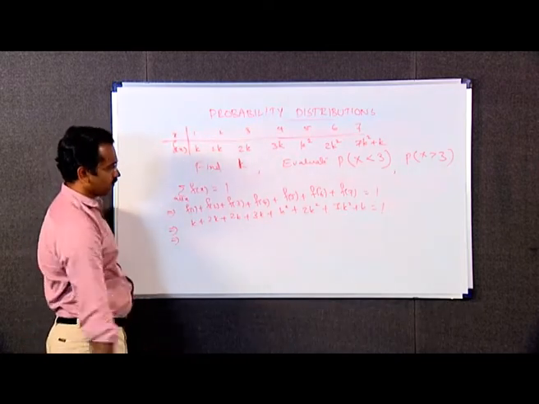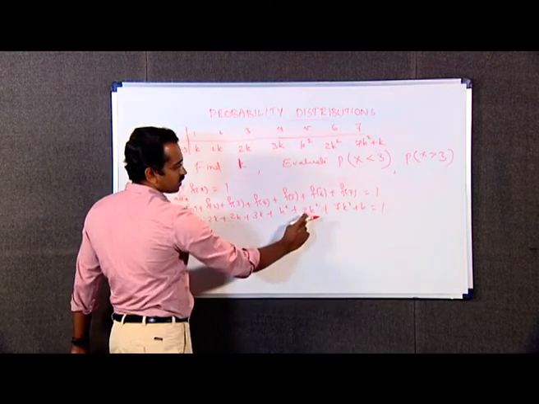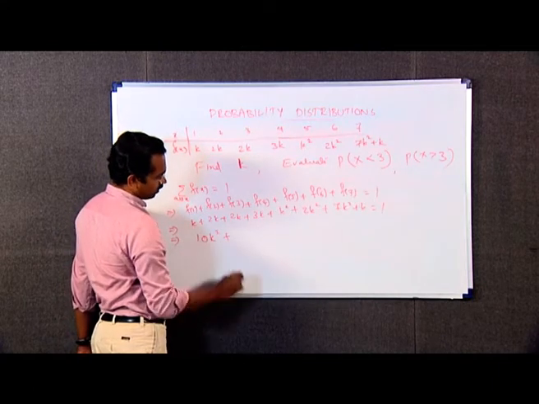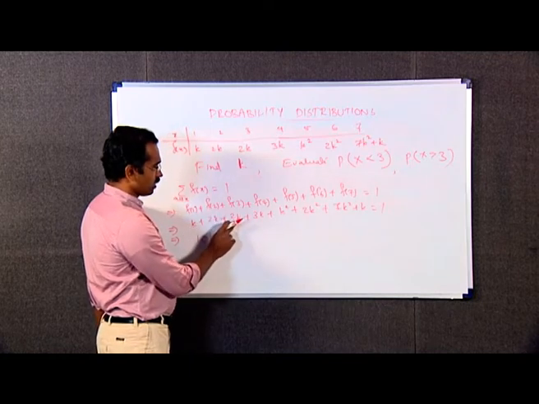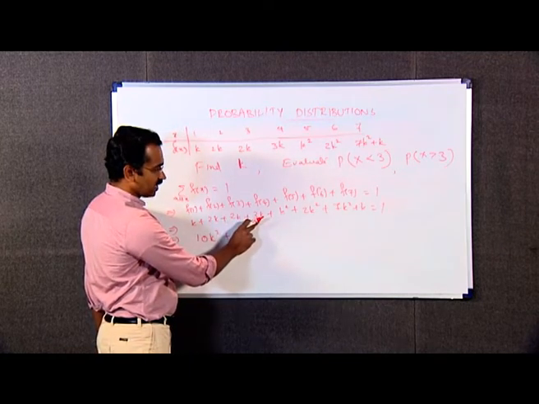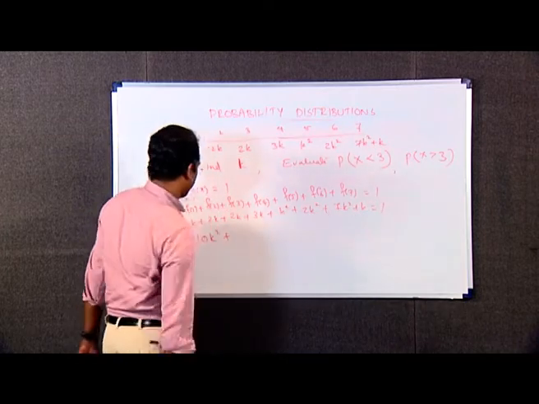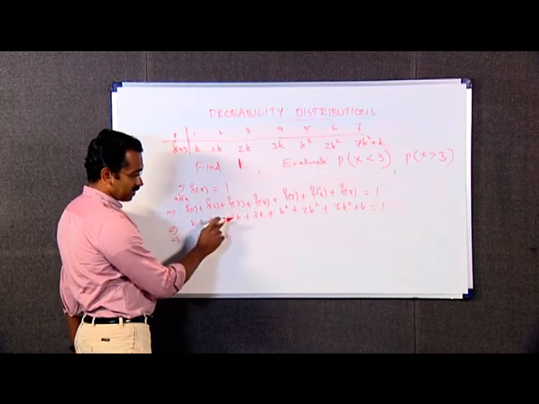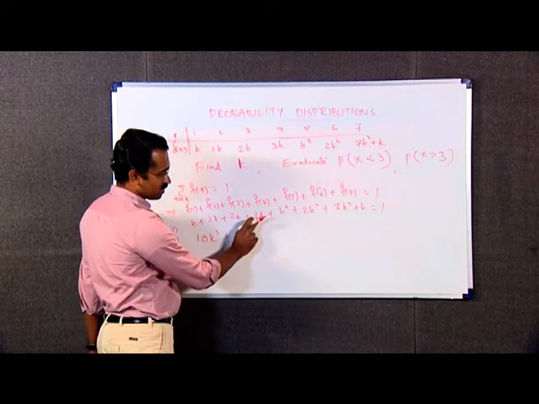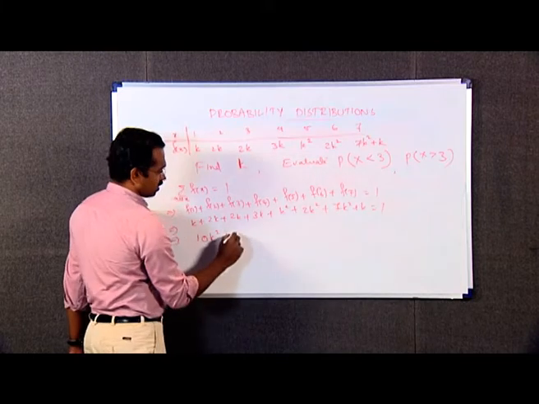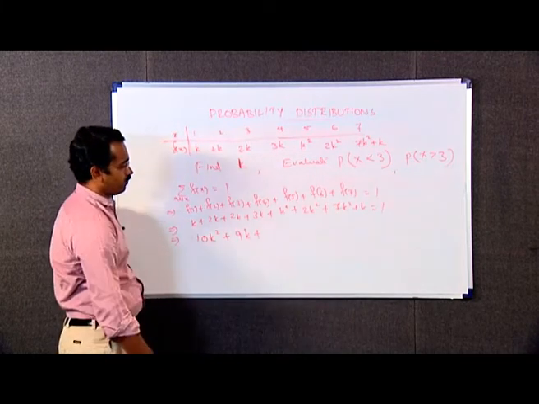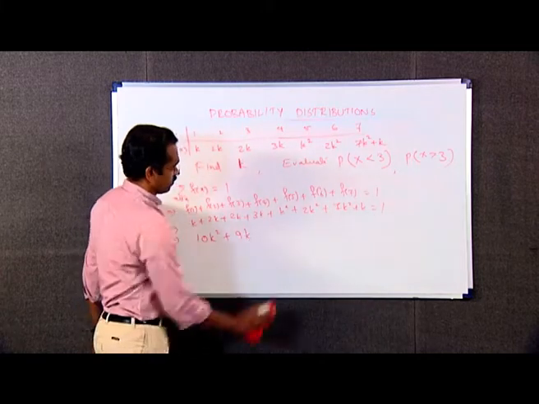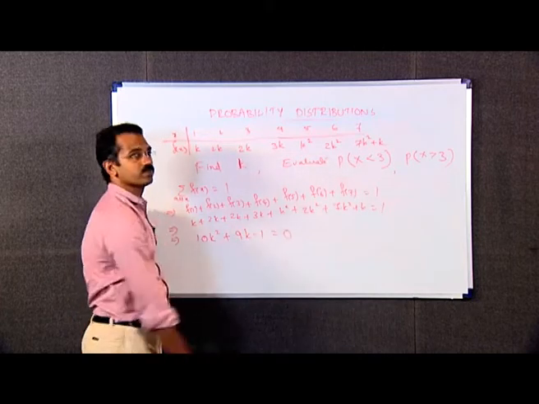This implies 7k square plus 2k square is 9k square plus 1k square is 10k square, plus 2k plus 2k is 4k plus 3k means 7k plus 1k, 8k, and k plus 2k is 3k, 3 plus 2 is 5, 5 plus 3 is 8, 1 means 9k plus 10k square is equal to 1, which means 10k square plus 9k minus 1 is equal to 0.